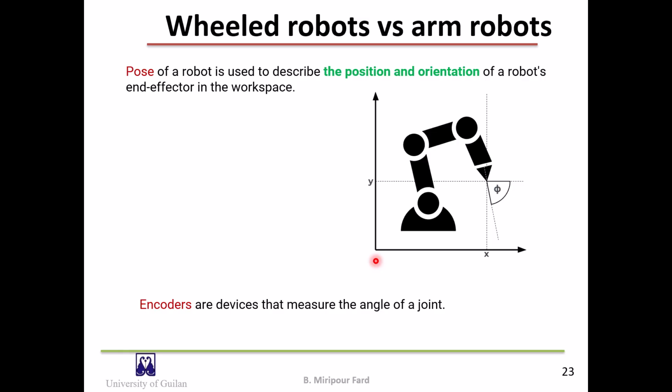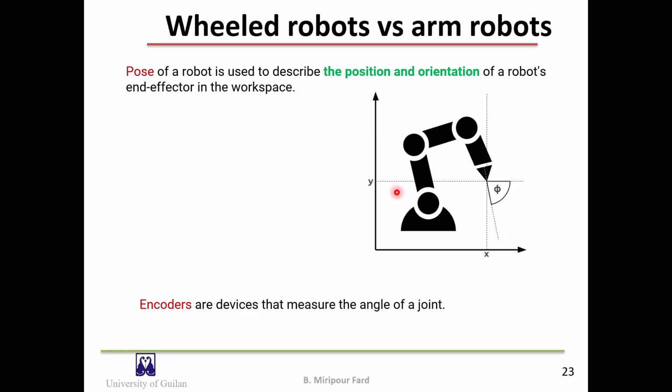Let's first define two terms widely used in robotics. The first term is pose. Pose of a robot is used to describe the position and orientation of a robot's end effector in the workspace. For example, in this manipulator, we can show the pose of the end effector using X, Y, and phi.